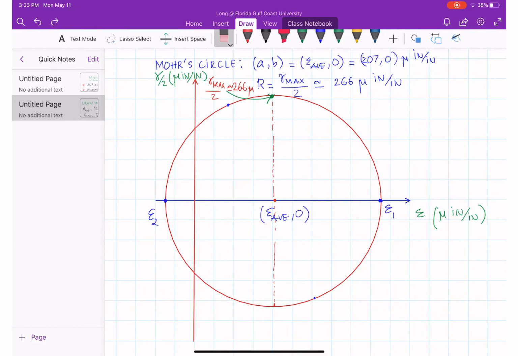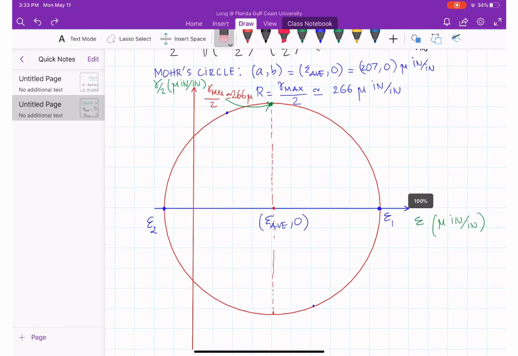We can use the ruler to measure and find epsilon 1 and epsilon 2 directly from the Mohr circle, or we can use the equation epsilon 1 equals epsilon average plus radius, gamma max over 2.